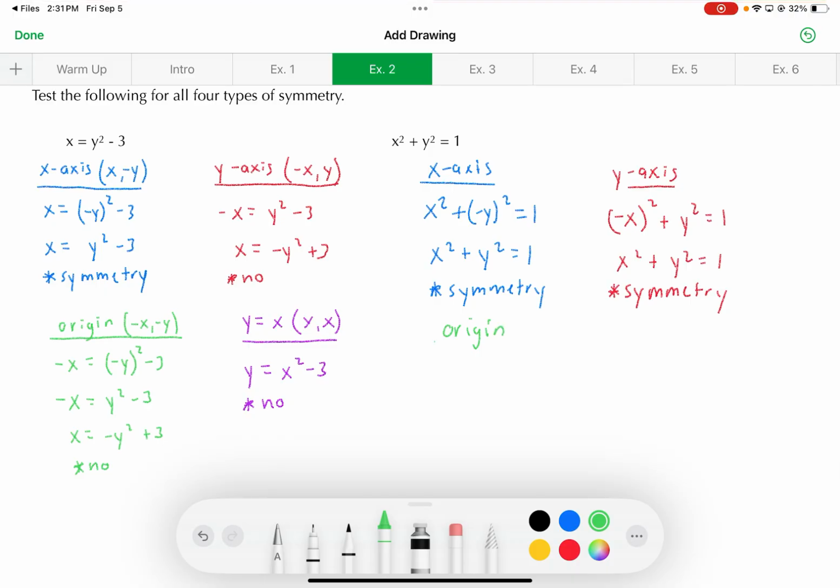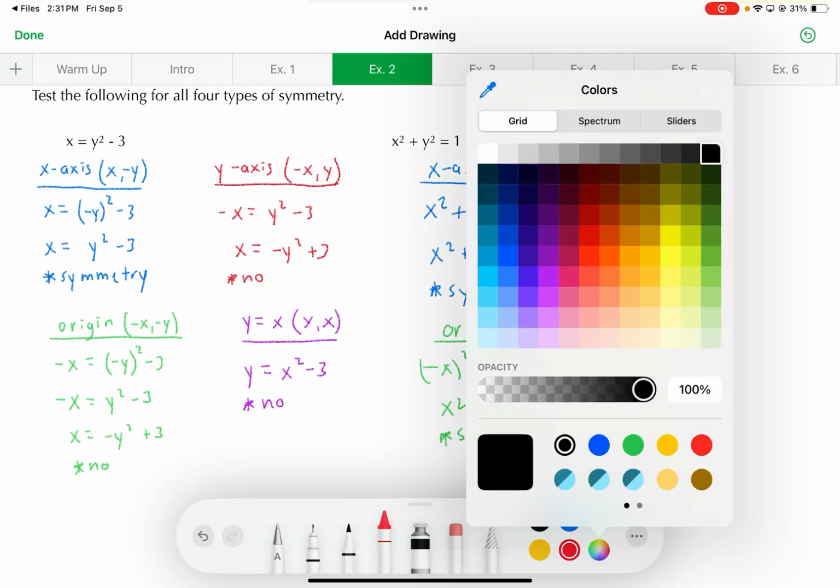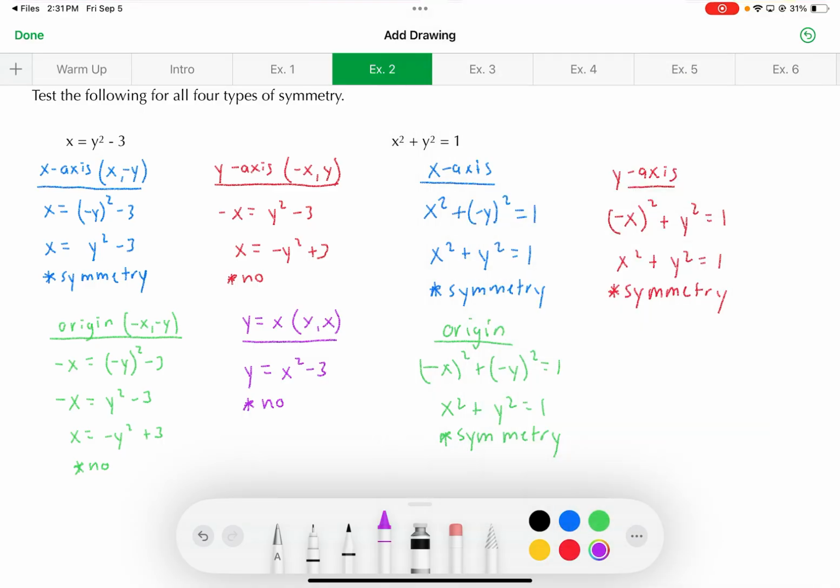Origin, we're going to see the same thing. If I replace x with negative x, y with negative y, I'm still going to get x squared plus y squared equal to 1. And lastly, y equals x.